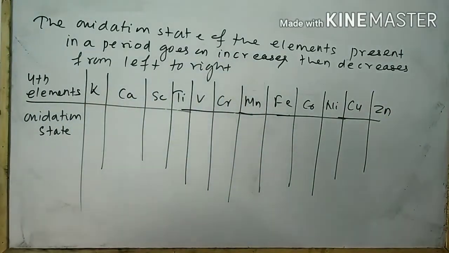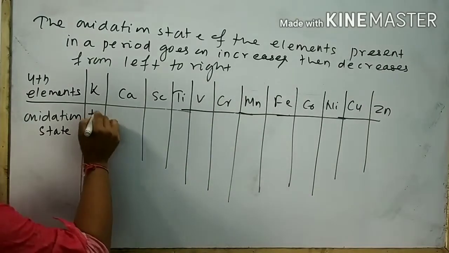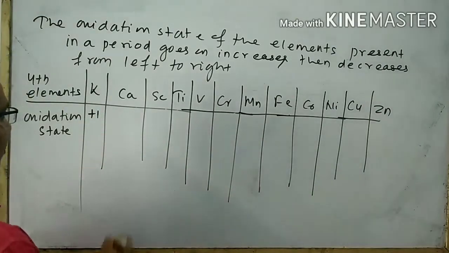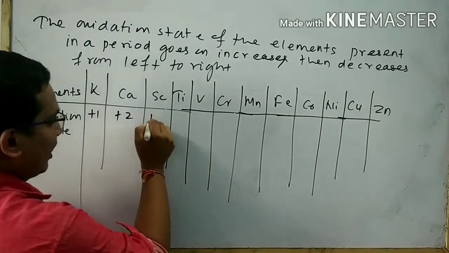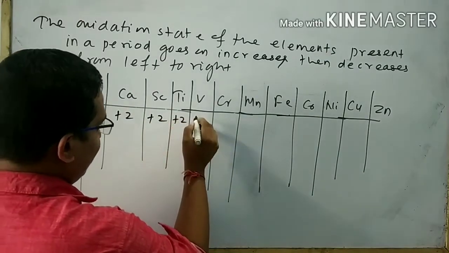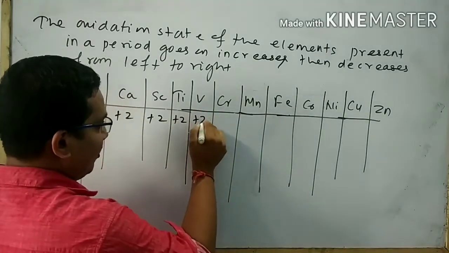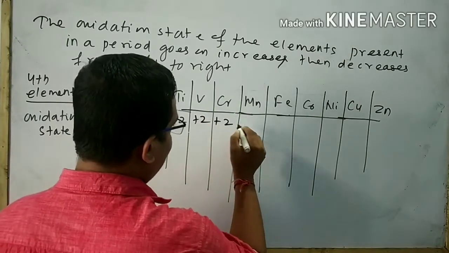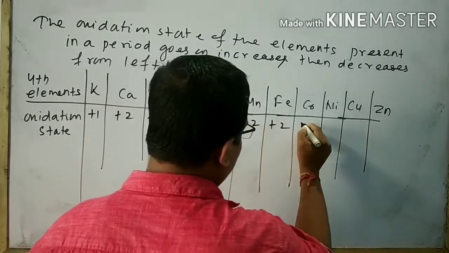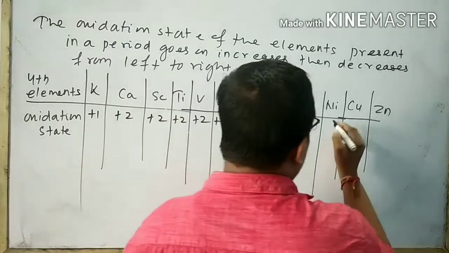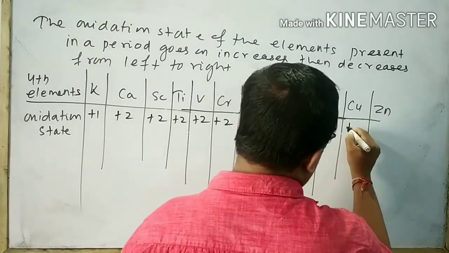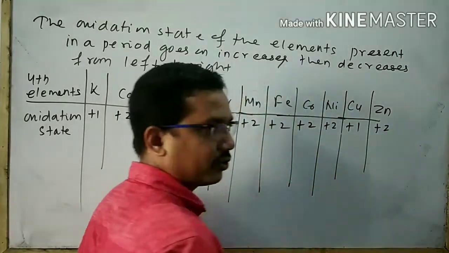The oxidation number of potassium is +1. Calcium is +2, scandium +2, titanium +2, vanadium +2, chromium +2, manganese +2, iron +2, cobalt +2, nickel +2, copper +1, zinc also +2.